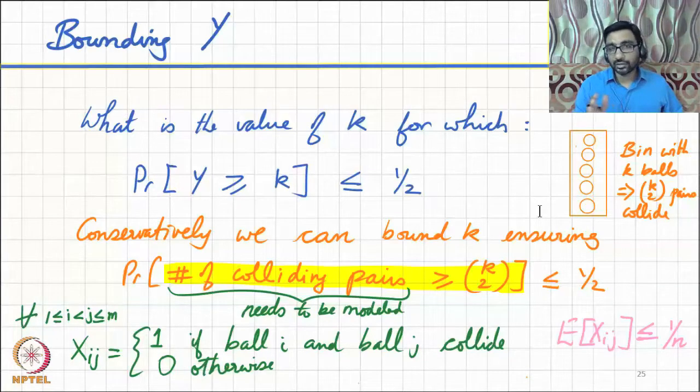Clearly, the expectation of xij is at most 1 over n, because from our assumption that we're using h drawn uniformly at random from a two universal family of hash functions, we know that the probability with which ball i and ball j will collide is at most 1 over n. So the expectation of the Bernoulli random variable xij is at most 1 over n.